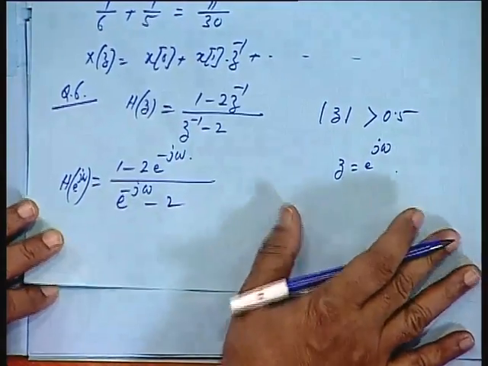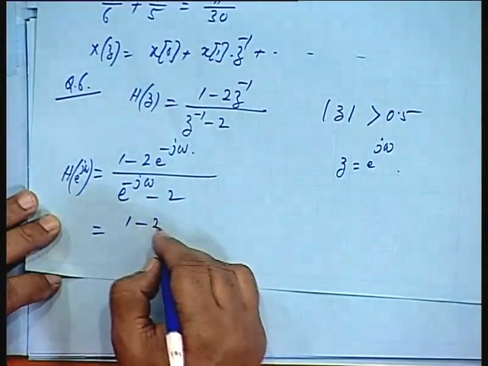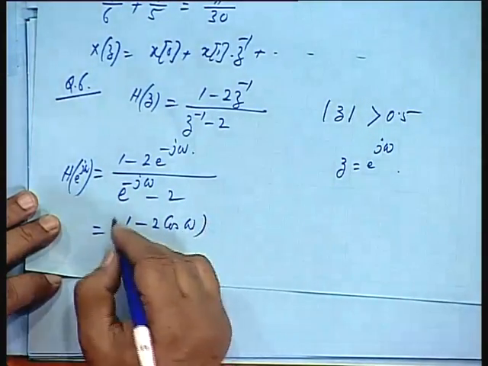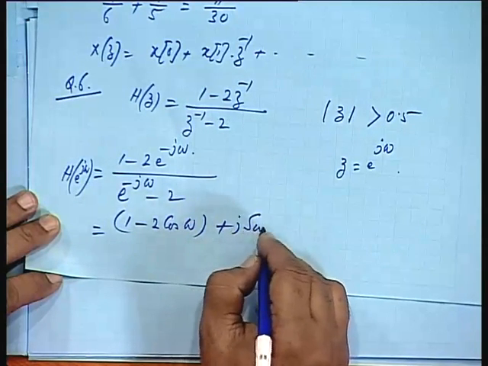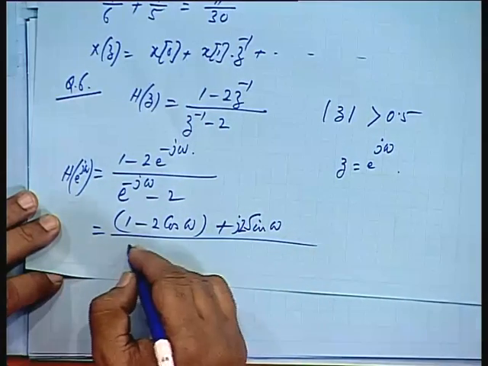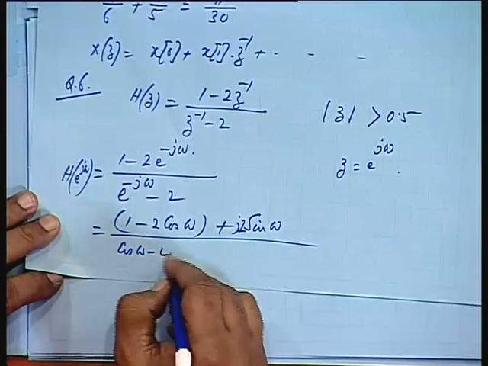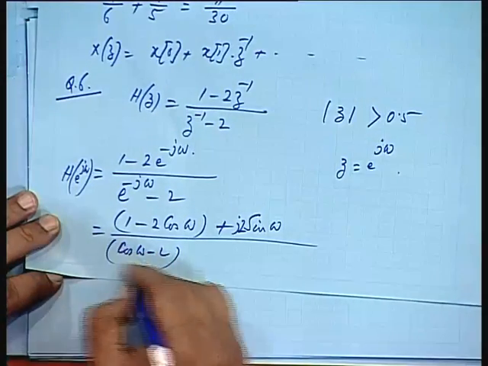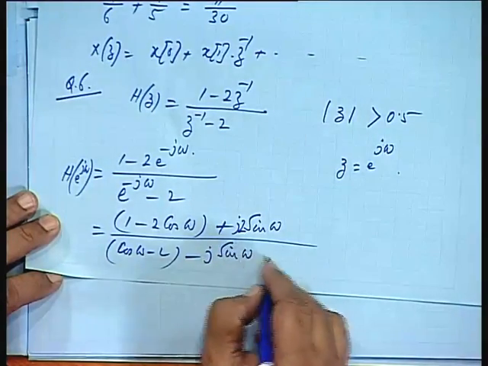Take the real and imaginary parts. So, it will be 1 minus 2 cosine omega plus j 2 sin omega divided by cosine omega minus 2 minus j sin omega.